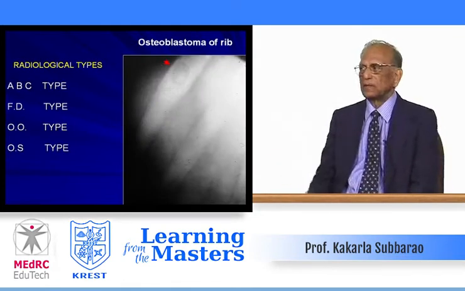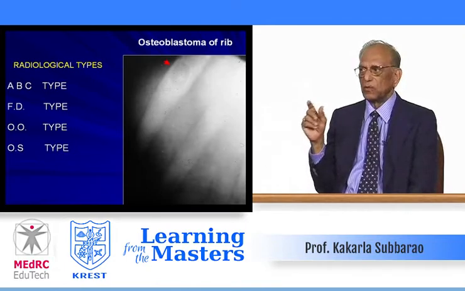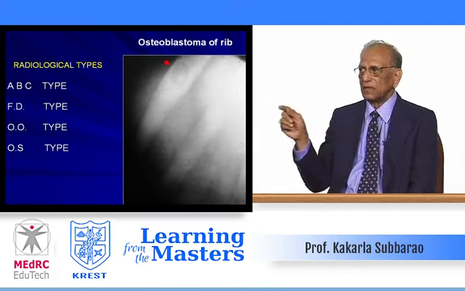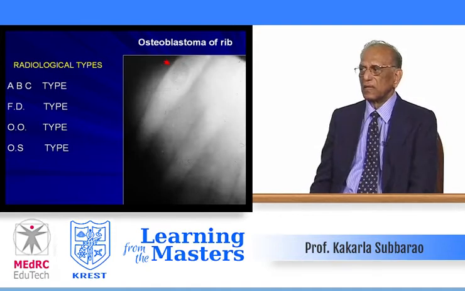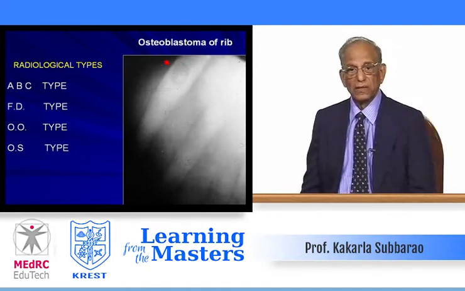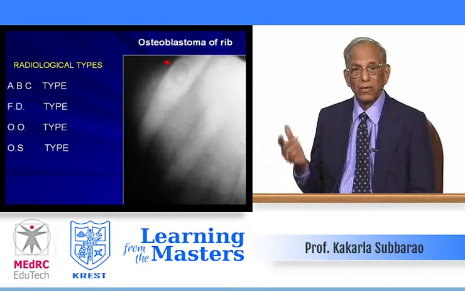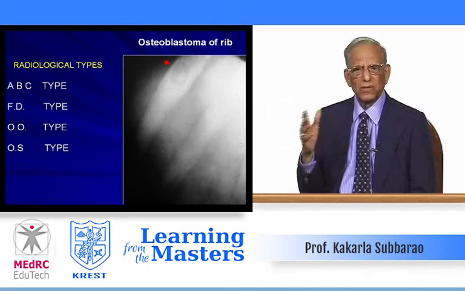Osteoblastoma in the rib again, in a flat bone. Note the large lucency, more than 2 centimeters, and central calcific nidus. And morphologically, you can describe osteoblastoma as ABC type, simulating aneurysmal bone cyst, expanding, lytic, or fibrous dysplasia type, particularly in the vertebra, with a crazy type of new bone formation, osteoid formation.